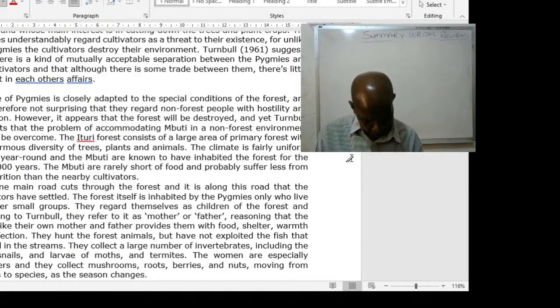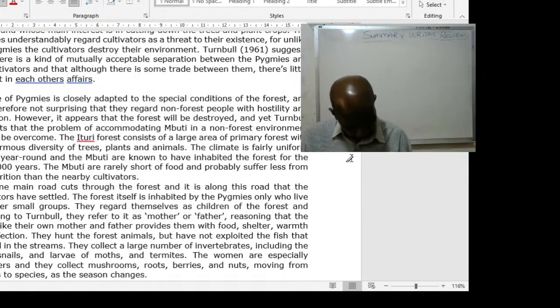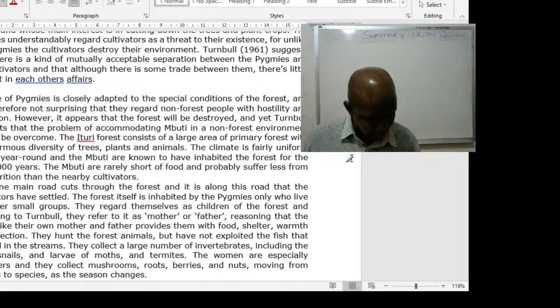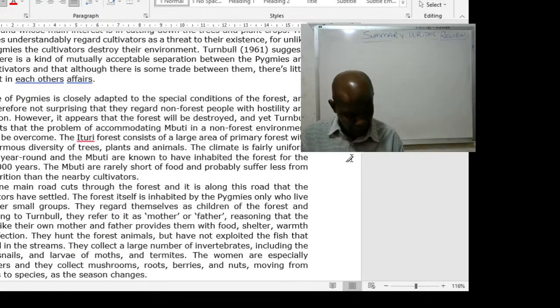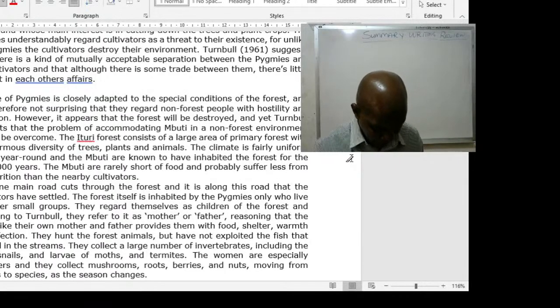To support that point, Turnbull says that it is very clear that the forest may not survive. He says the forest will be destroyed. And then he suggests that if the forest is destroyed, the pygmies cannot be accommodated in an environment that is not of the forest type. So that is telling you that the moment these people do not have their forest, they're going to find it very difficult to continue existing in the normal way. They'll face a lot of problems. Their existence will be threatened.